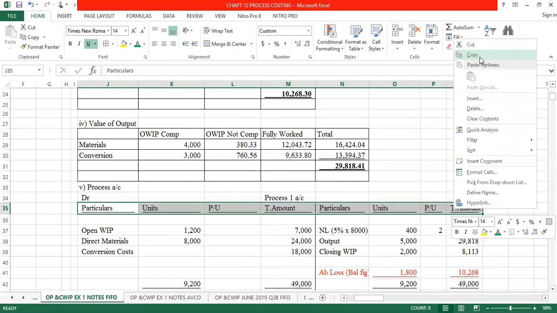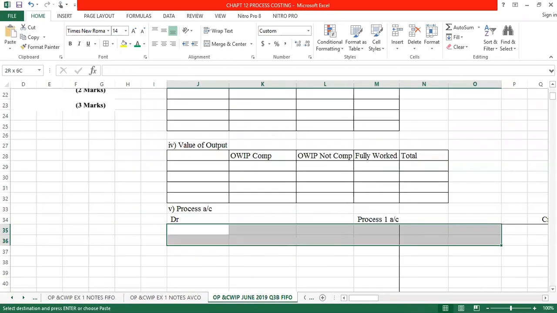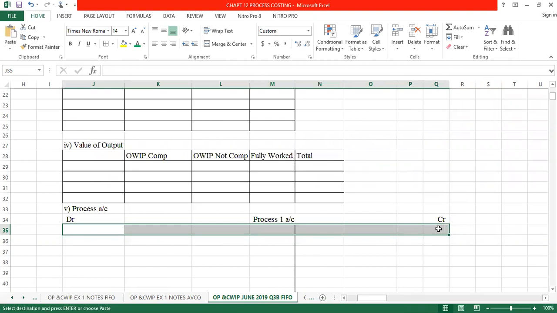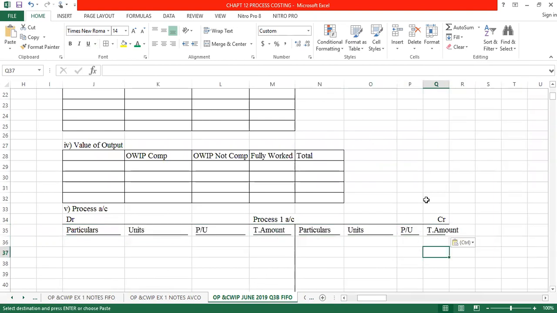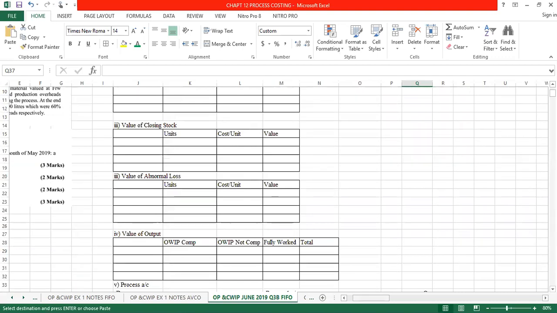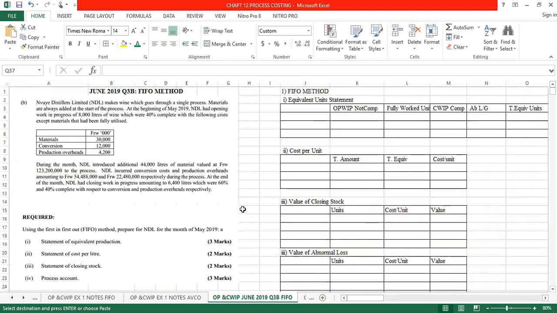I'll copy that and post it there so that we save our time for more examples. So we have our question there. I hope everyone is seeing. I was looking for opening work in progress. Opening work in progress is 8,000 liters.